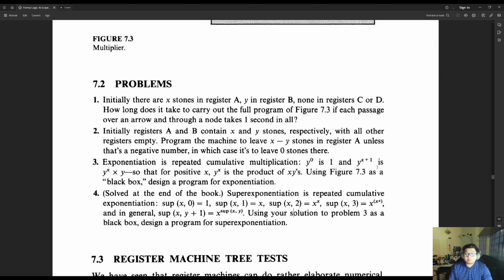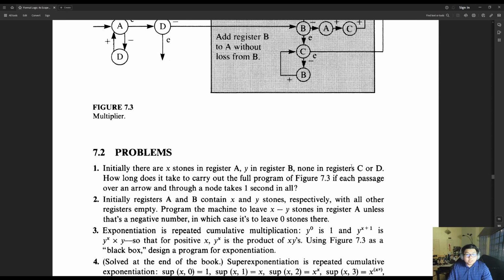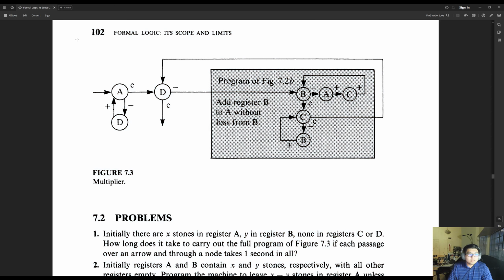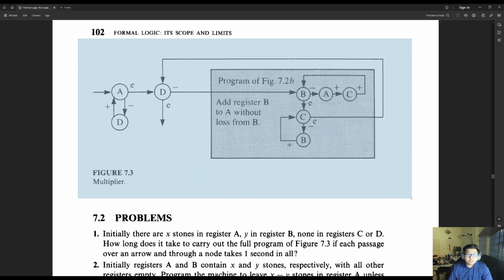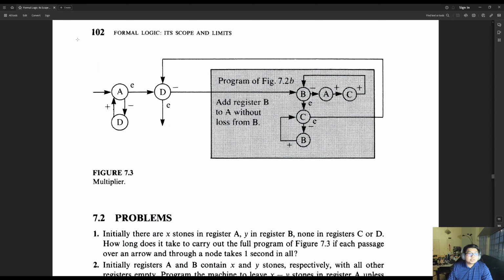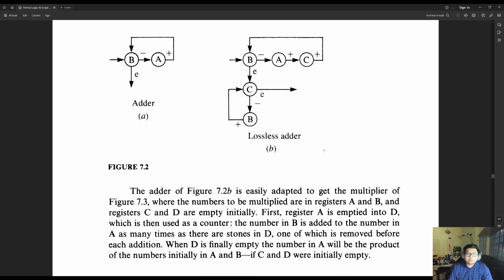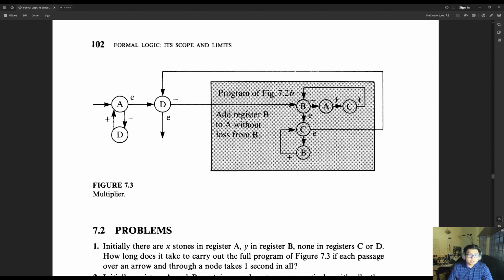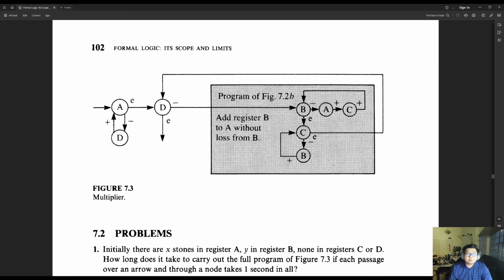For context, figure 7.3 is here. And notice that in figure 7.3, this program uses the lossless adder of figure 7.2b, which is shown here, as a black box for the multiplication program, because multiplication is basically repeated addition.